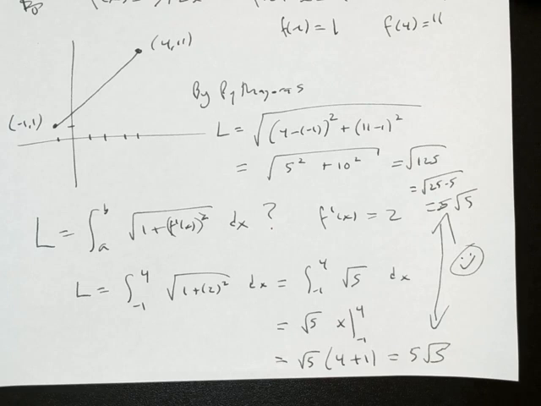Now, the best part about this is that this works for any function. The worst part about this is that it could result in an integral that is absolutely disgusting that I don't know how to do.